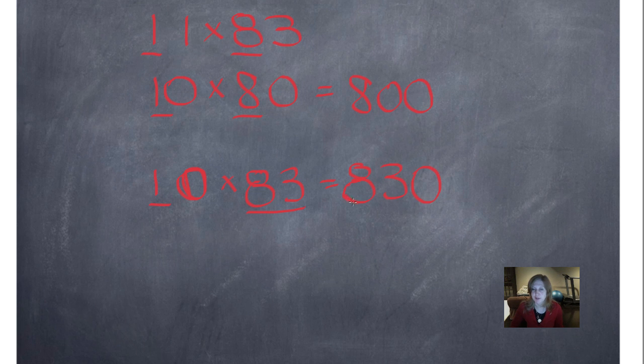Now, the actual answer was 913, so this way was actually a closer estimate than using just rounding to the greatest place value position. The closer you can get to keeping the numbers the same, the closer you're going to get to your actual product.